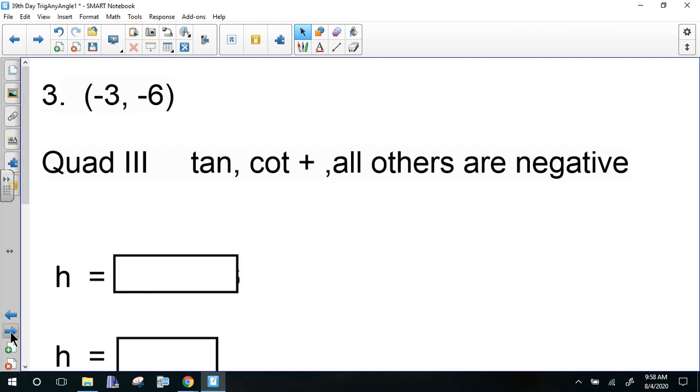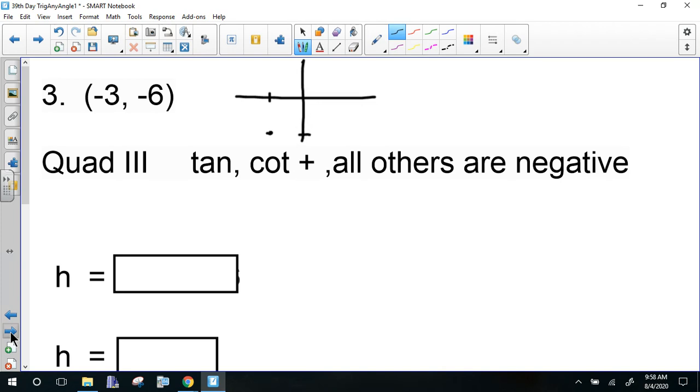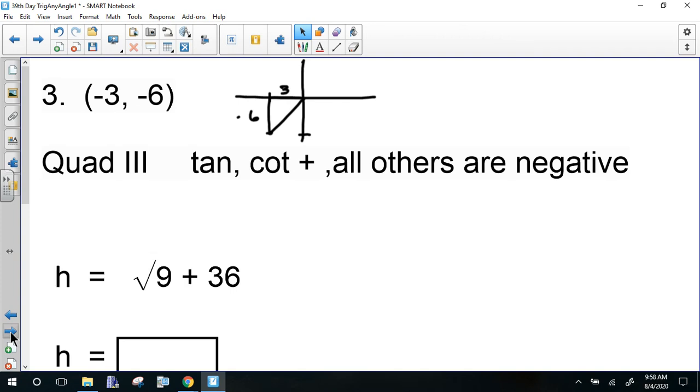Here's the next one, -3, -6. That's down in quadrant 3. -3, -6, right here. So distance of 3 this way, distance of 6 this way. Need to find my hypotenuse.